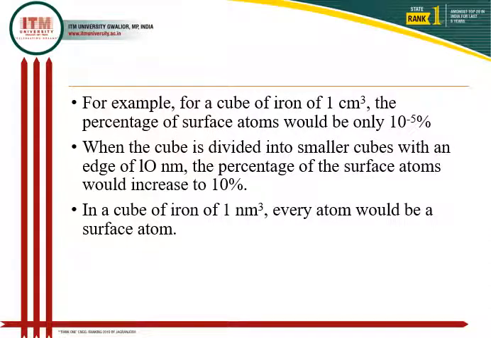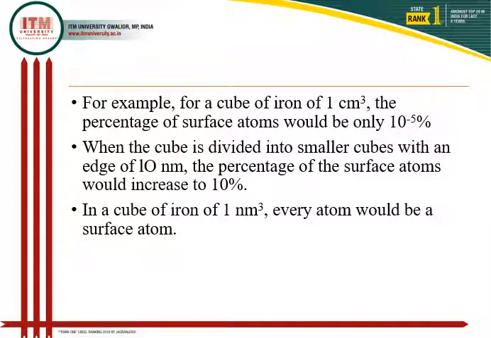Let us take an example. Suppose we have a cube of iron and the size of the cube is 1 centimeter cube. In this case, the percentage of surface atoms would be only 10 to the power minus 5%, and most of the atoms reside inside the surface.